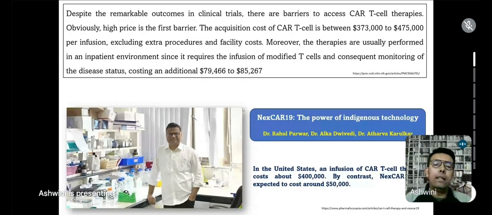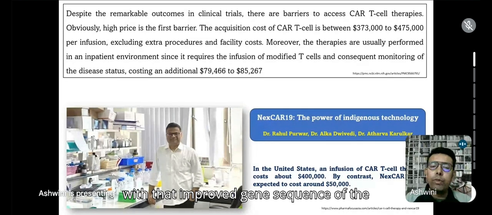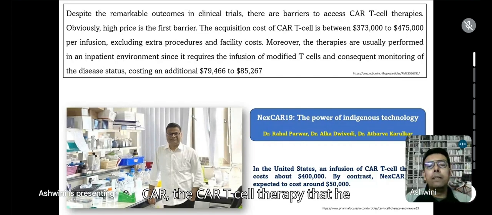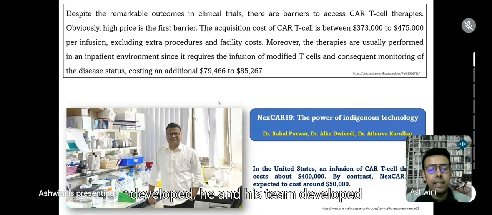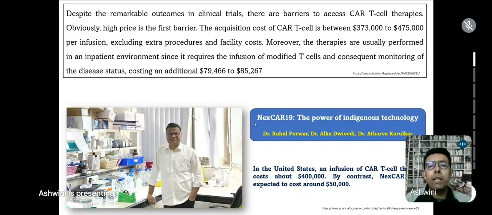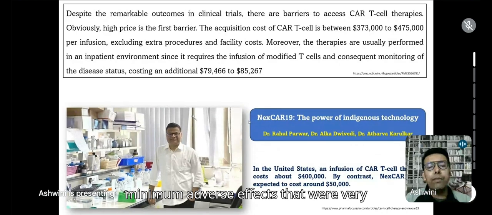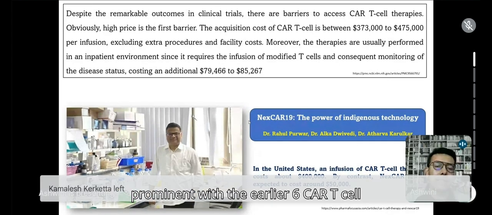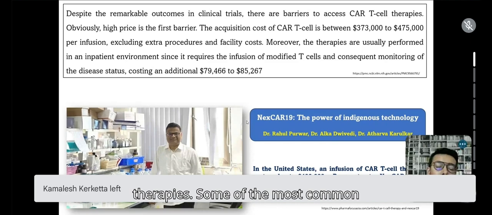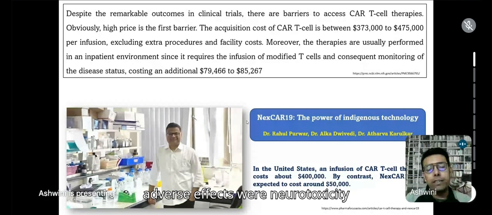Not only this, the improved gene sequence of the CAR T cell therapy that he and his team developed also shows very minimum adverse effects that were very prominent with the earlier 6 CAR T cell therapies. Some of the most common adverse effects were neurotoxicity and cytokine release syndrome.